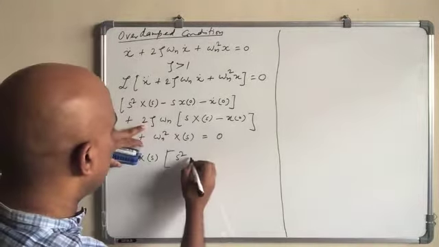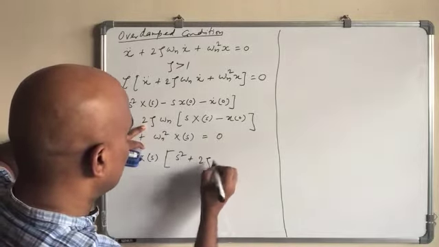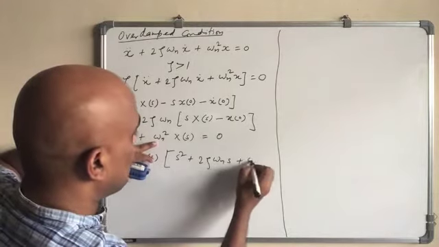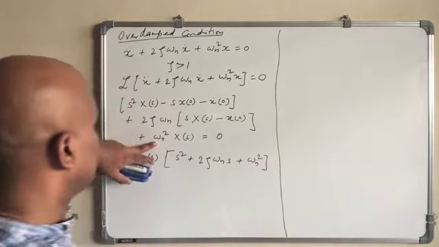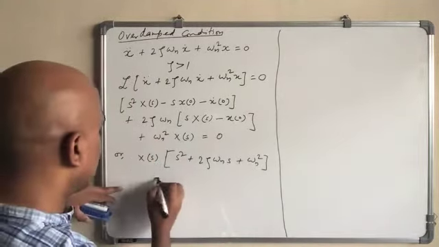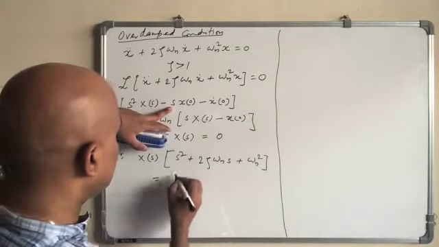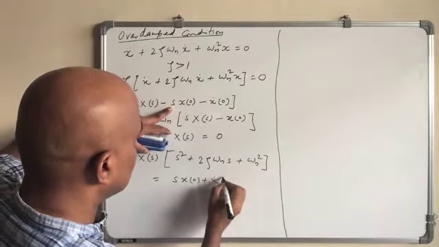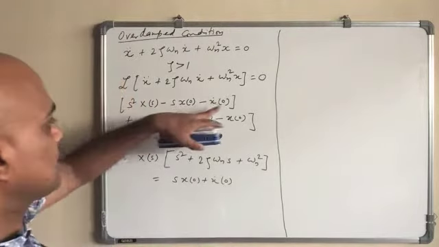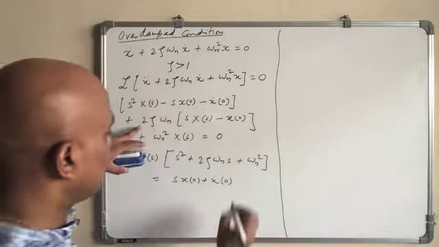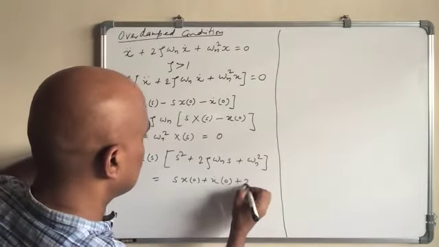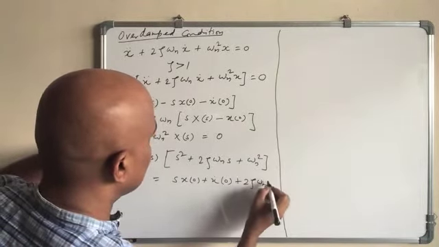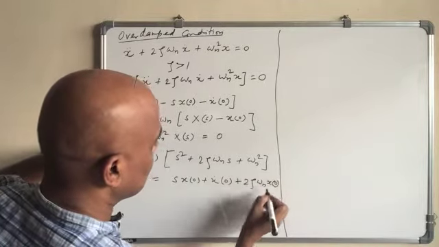Then from here we have 2 zeta omega n s, and then we have omega n square. This is equal to, from here we get s x0 plus x dot 0, and from here plus 2 zeta omega n x0.